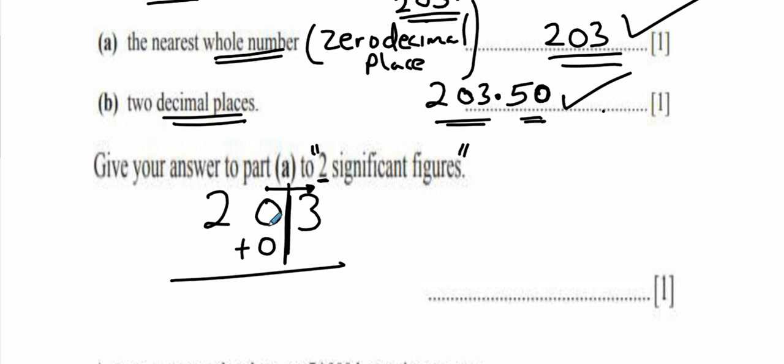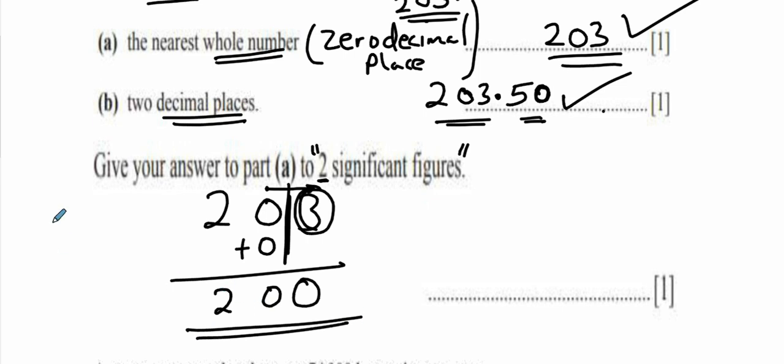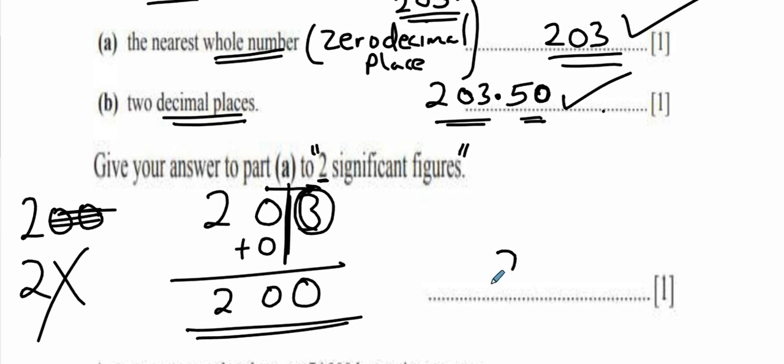You get 2, 0, and the remaining digit becomes 0. Now remember, this answer is a whole number. For a whole number, when we are talking about significant figures, don't cancel these zeros. If you cancel, you get 2, which is a wrong answer. So never take out the zeros. So the answer is 200.